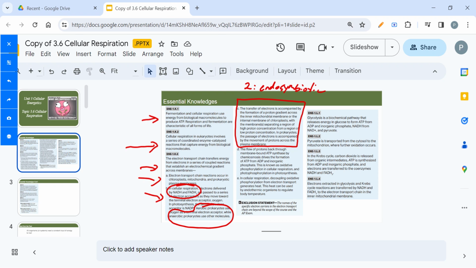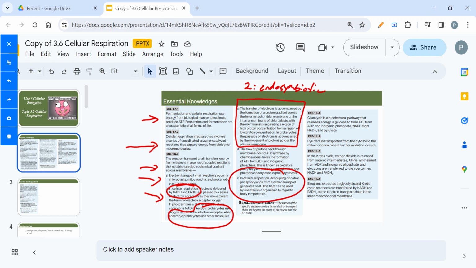So we're going to quickly touch on bacteria having the workings of an electron transport chain, but not in a mitochondria. You can make the connection that this is the bacteria that was the mitochondria, or at least evolved into the mitochondria.